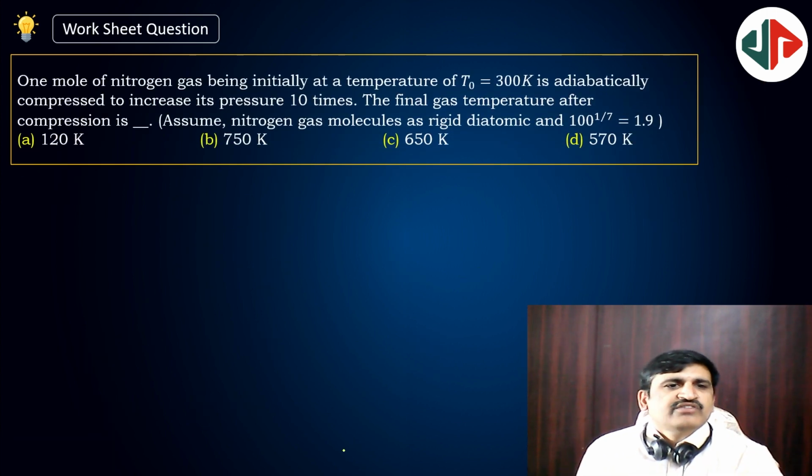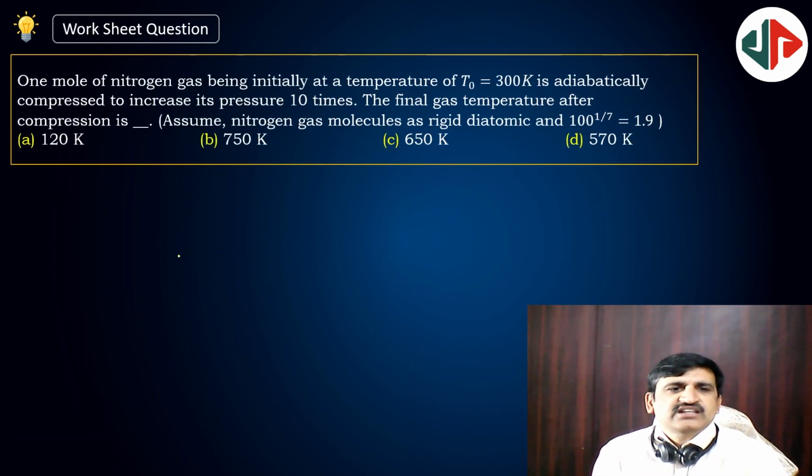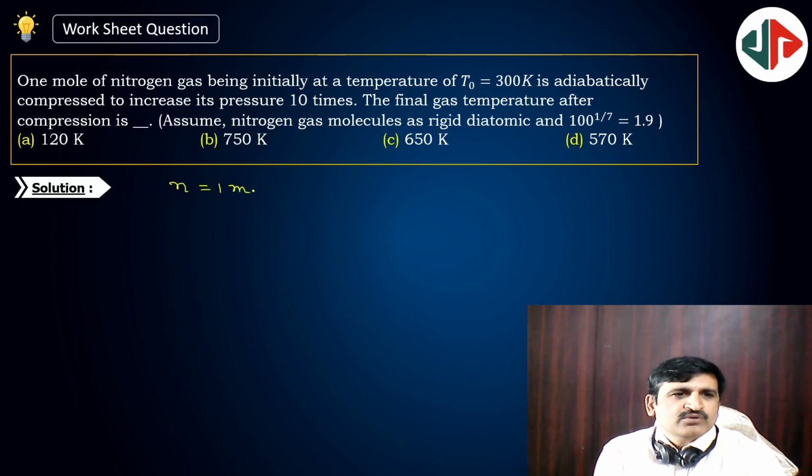Next, 1 mole of nitrogen gas, initially at a temperature T0 equal to 300 Kelvin, is adiabatically compressed to increase its pressure.